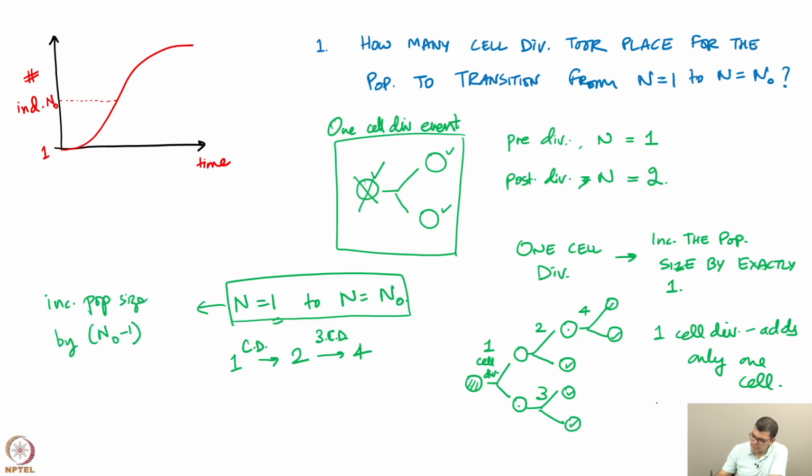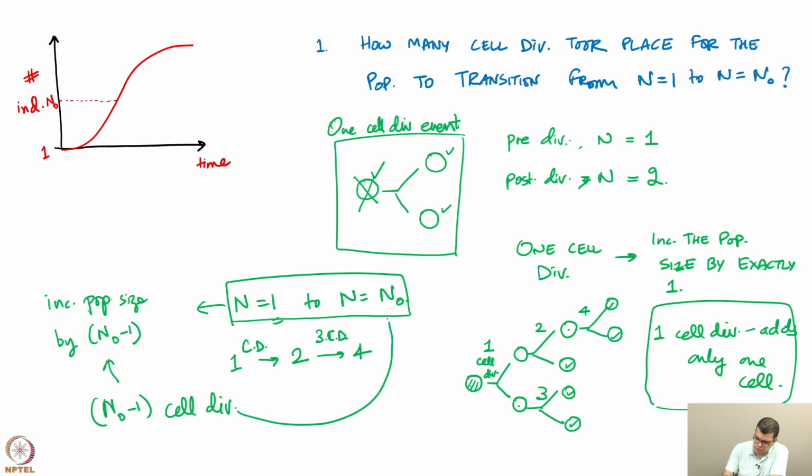And since every cell division increases the population size by only 1, I need to have n naught minus 1 cell divisions for this transition to take place. And I hope that makes sense to everybody.